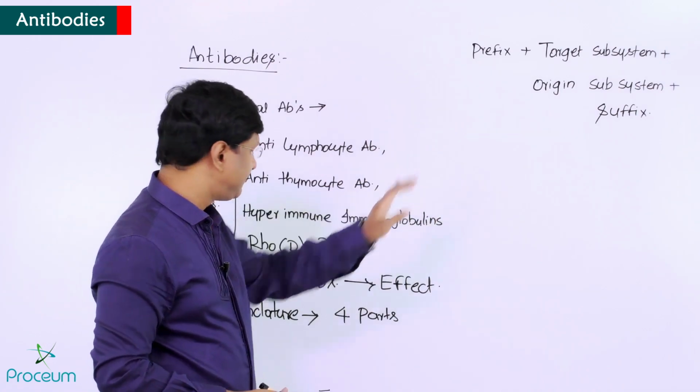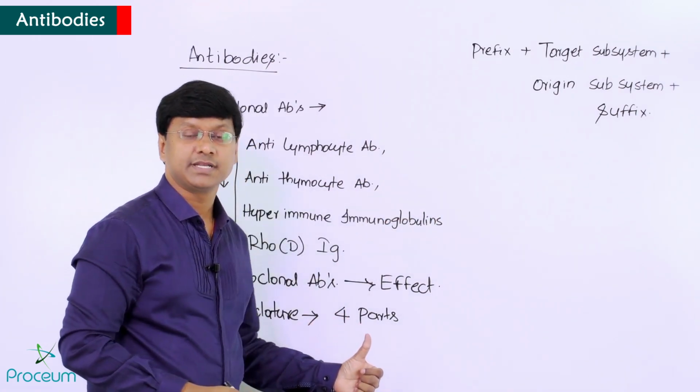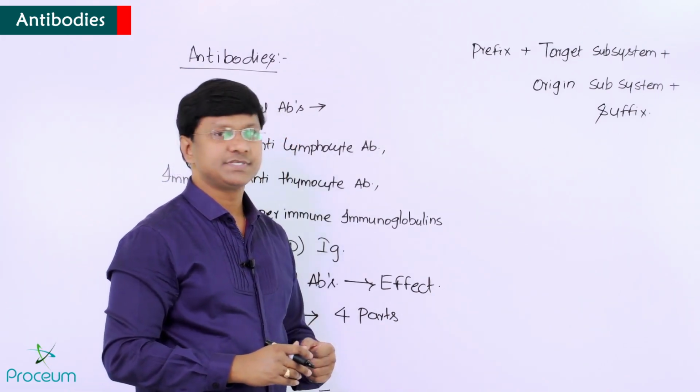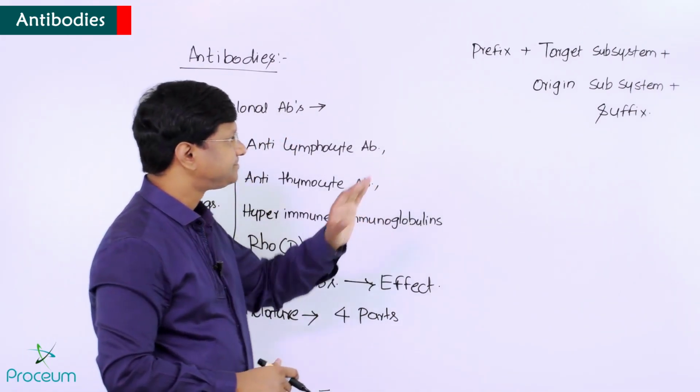So these are the four parts of the nomenclature of the monoclonal antibody: prefix, target subsystem, origin subsystem, and the suffix.